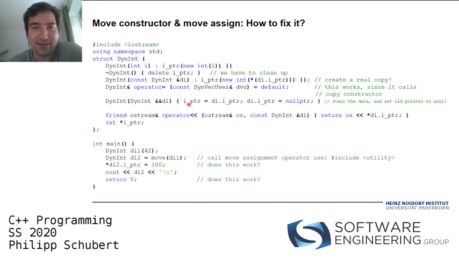So how do we do that? How do we steal data? We now set the iptr data member of the dynamic integer to be constructed to whatever this pointer points to from the di we shall move from. So read the iptr pointer from the di variable and store it into our own iptr pointer, of the instance we shall construct.